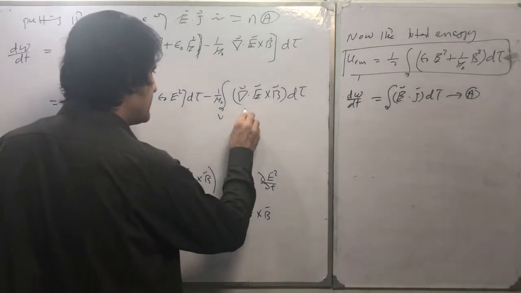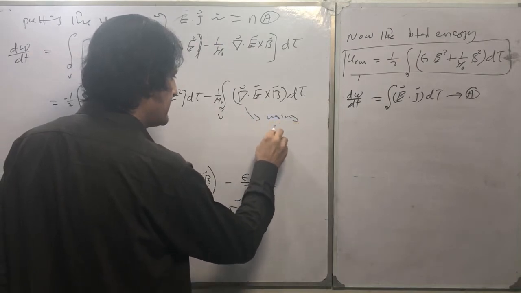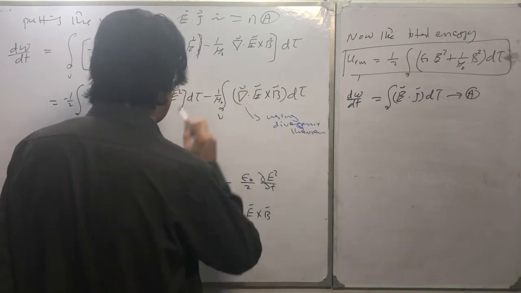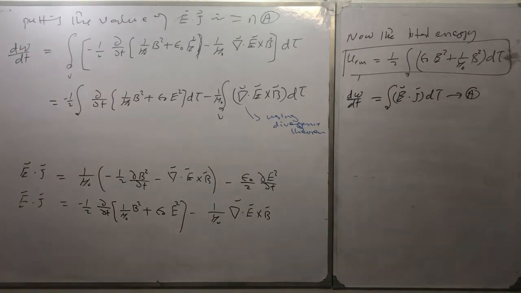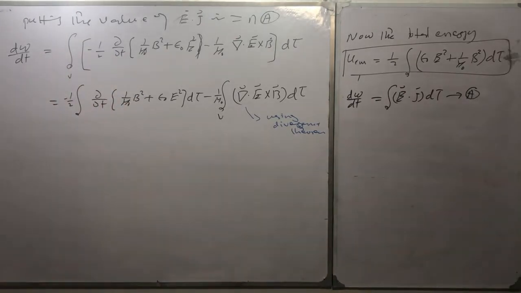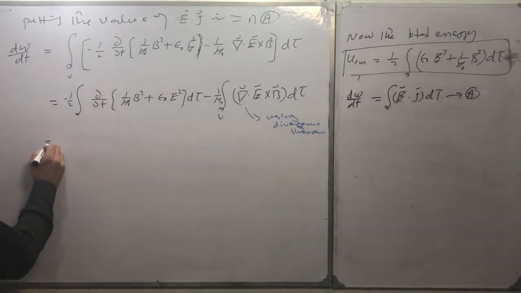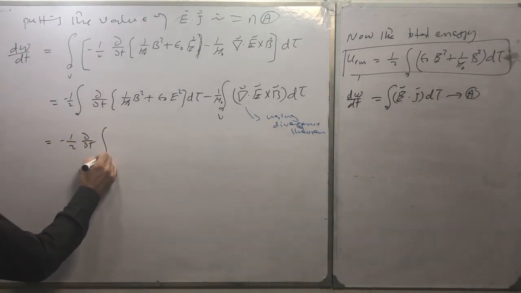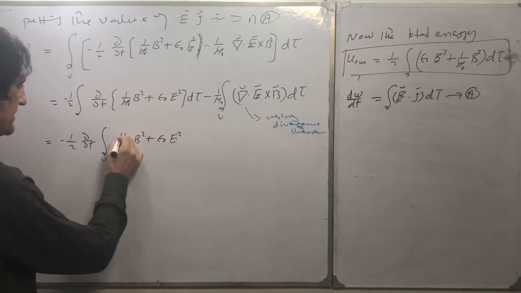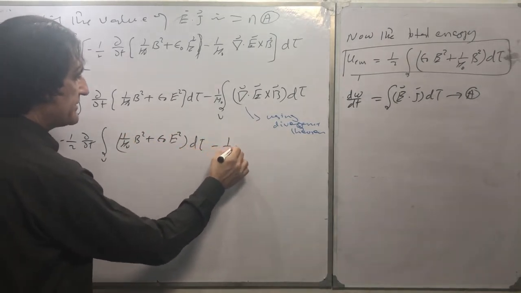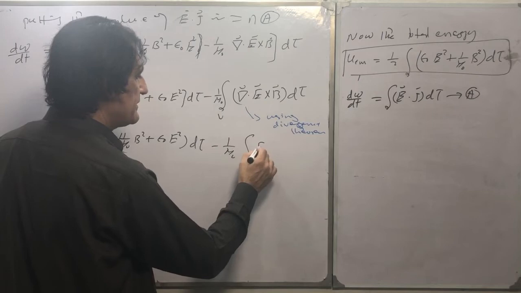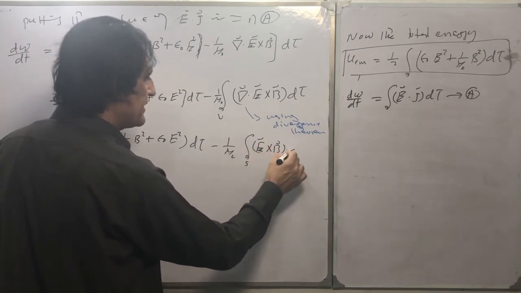So using the divergence theorem, this term must have the form minus 1 over 2 partial divided by partial t of the volume integral of 1 over mu naught B squared plus epsilon naught E squared d tau, and applying the divergence theorem, this can be converted to the surface integral of E cross B dot dA.